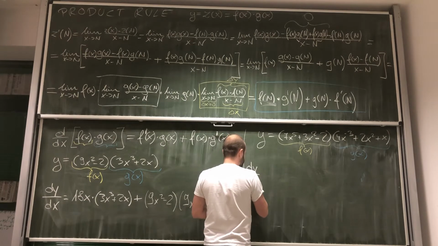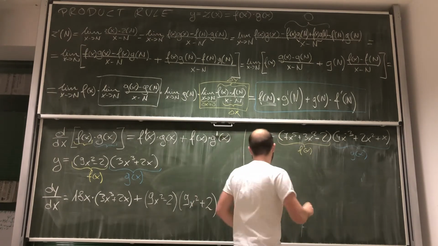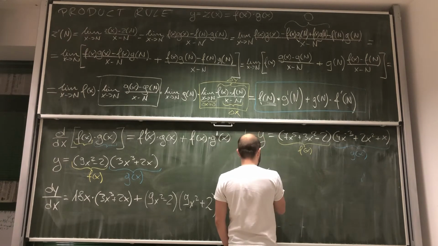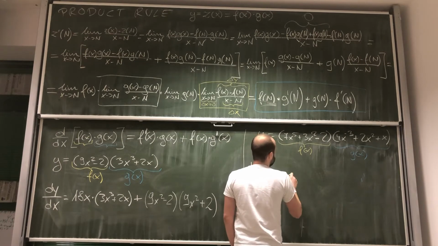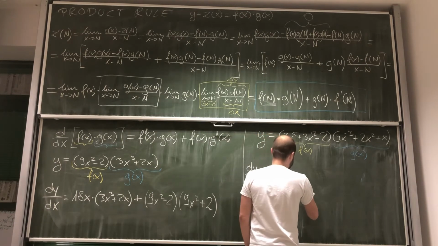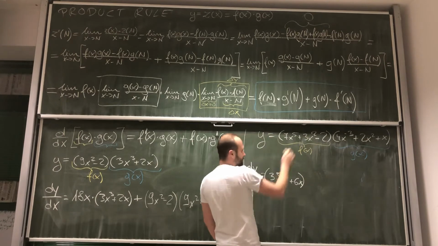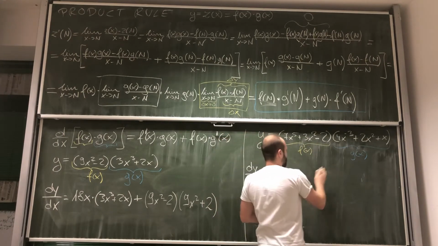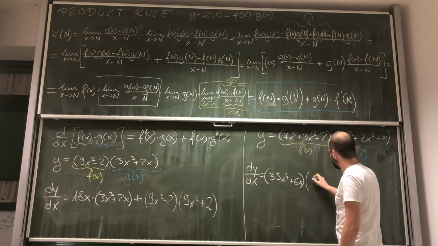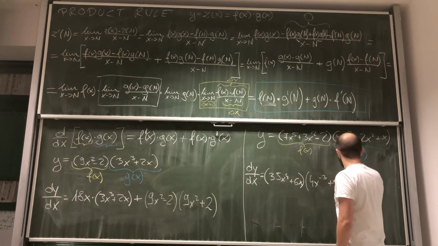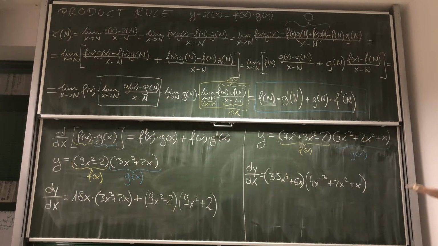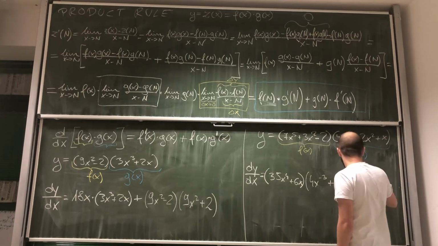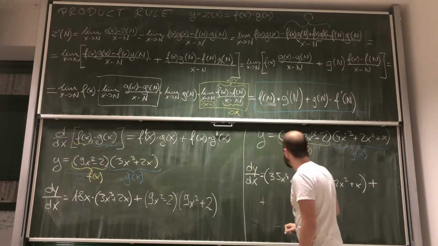First, I find the derivative of the first function, which is 35x to the power of 4 plus 6x, and I multiply it by the second function. This one I do not touch, so it's 4x to the power of negative 3 plus 2x squared plus x. At this moment I'm halfway done, so now I need to add to it.